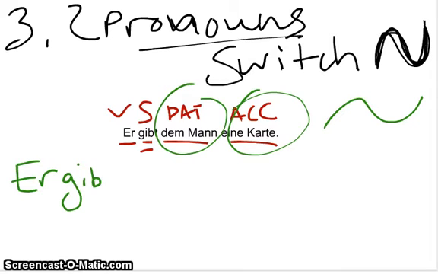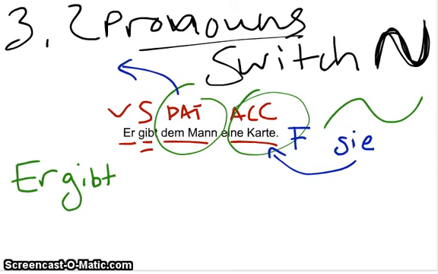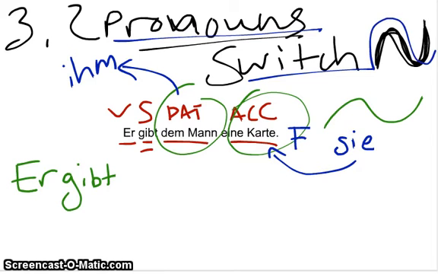He gives. Now, Karte is feminine. Feminine accusative is sie. So that is it for card. Mann is masculine, and this is the masculine dative, which is ihm. So the rule is two pronouns, pronouns switch.